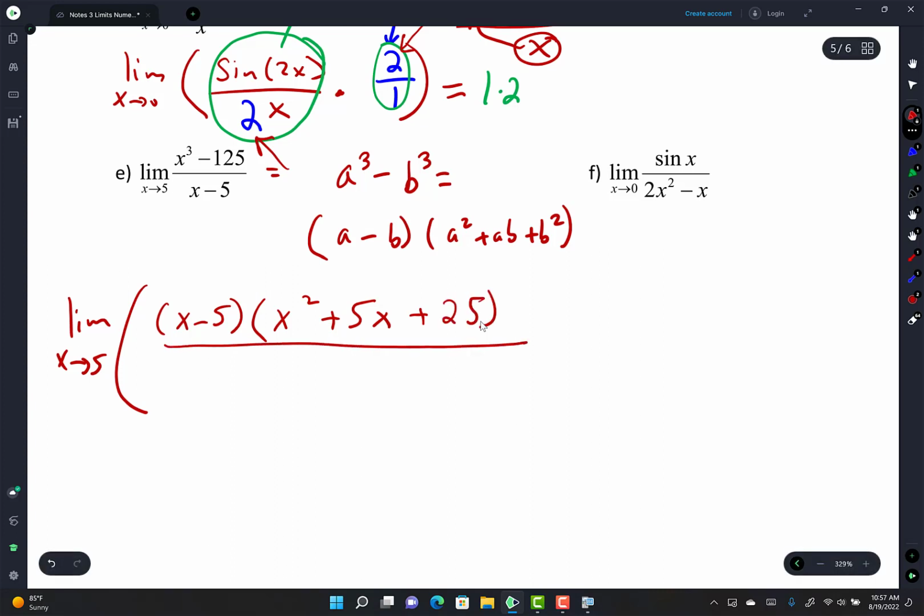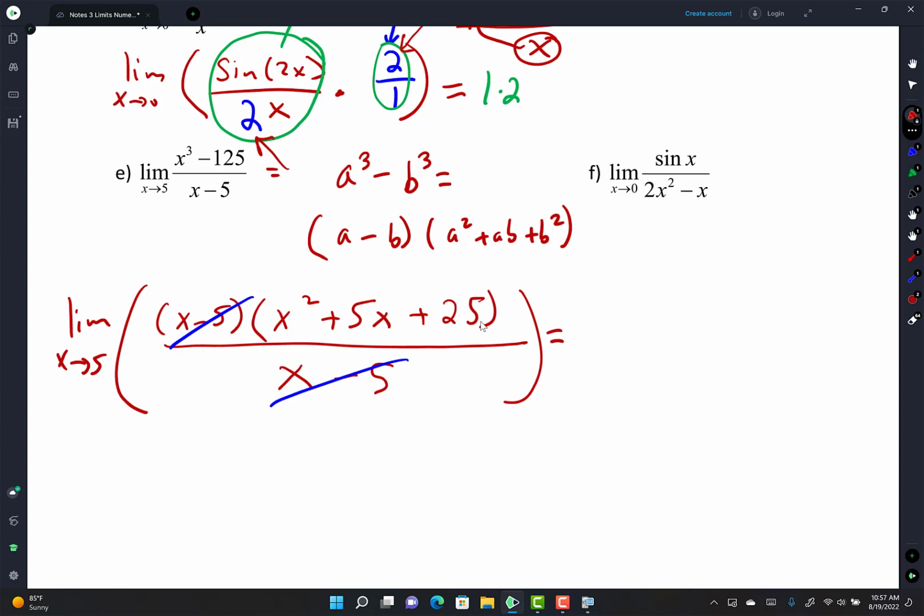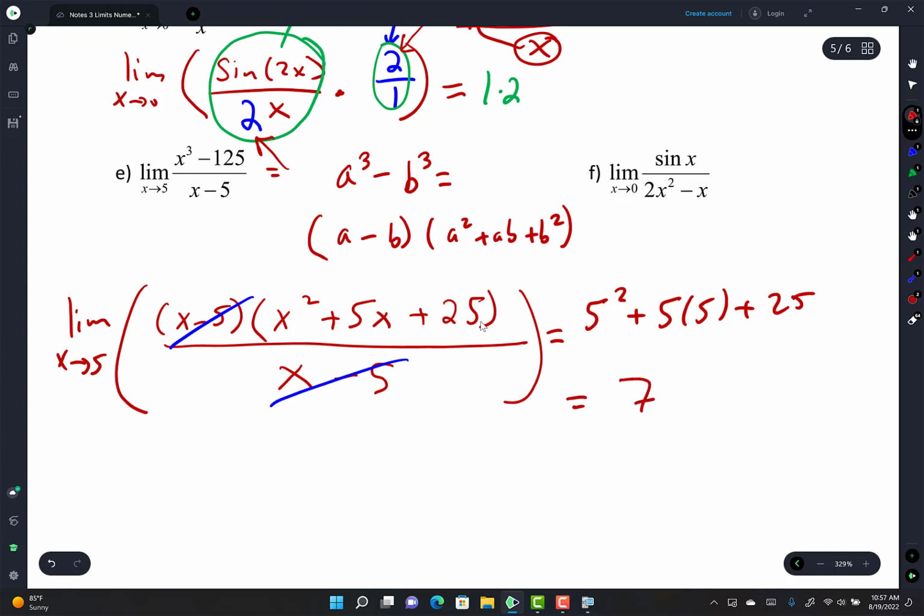All this is over x minus 5. Are we still okay? That's the same expression. What's going to cancel out? X minus 5. Now that I have those out, can I do direct substitution? Yes. So I'm going to go 5 squared plus 5 times 5 plus 25. It looks like it is 75.